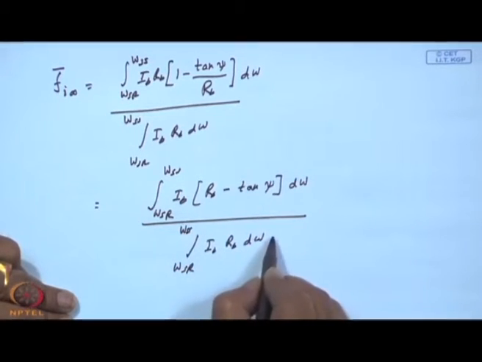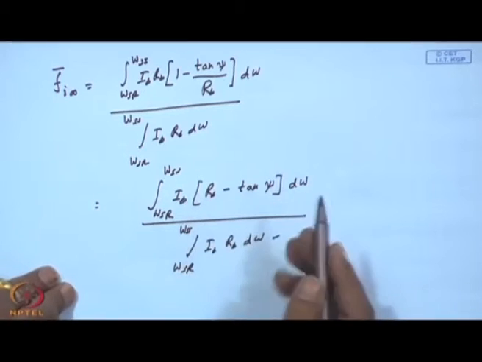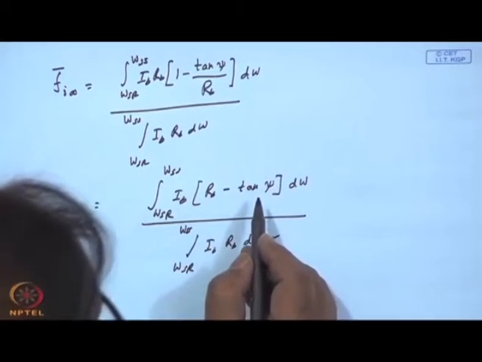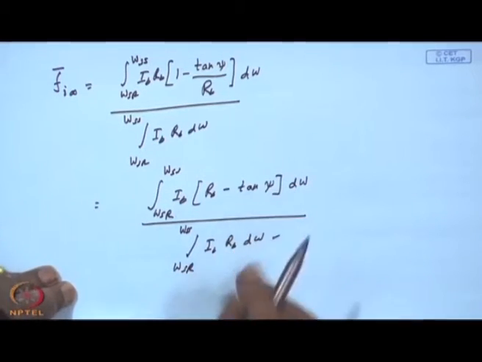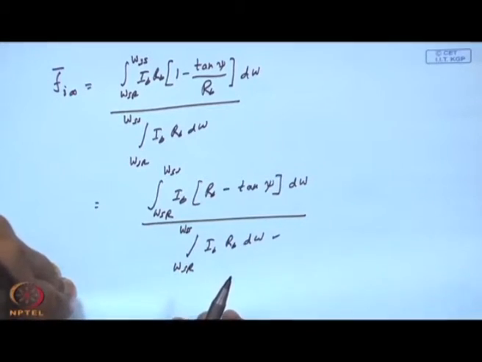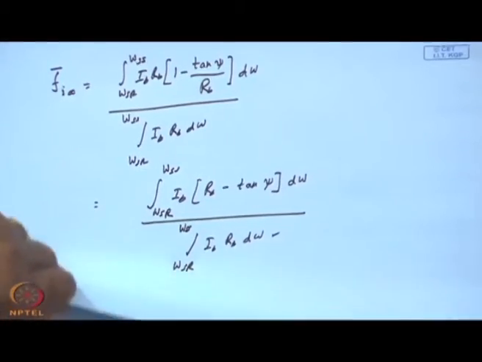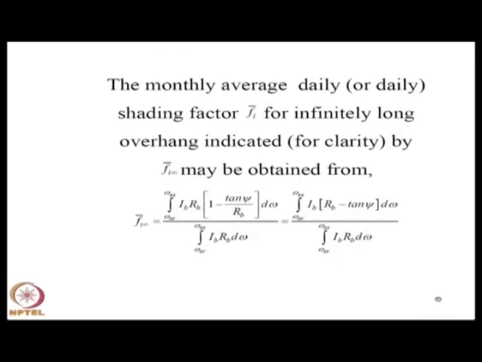This we have done a number of times, and R_B and psi are fixed for a given geometry. So consequently, it is not difficult to analytically evaluate this expression, which has been done. The only thing is, the assumption is that the overhang is infinitely long.